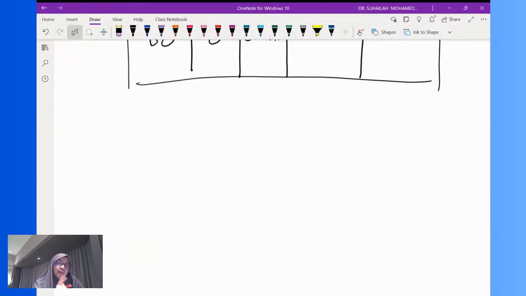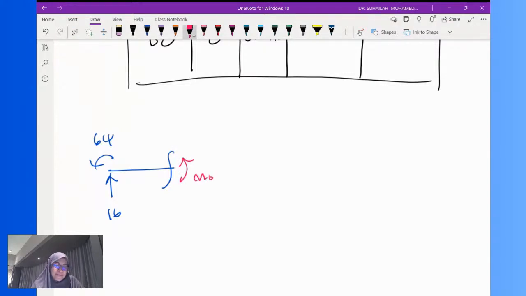For the primary beam, we have 16, we have 64. And this is the cutting section. The moment is acting like this, so this is M naught. And this is X, means that this is 0.